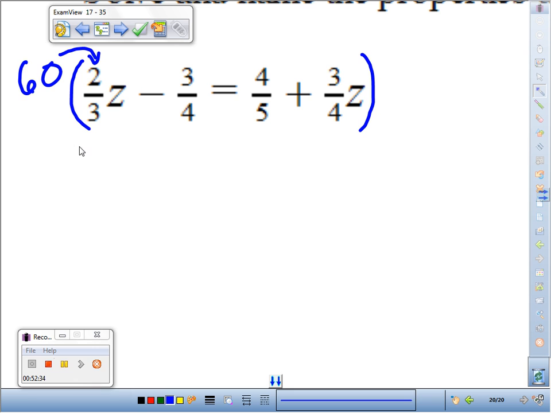So, what is 60 times 2? That's 120 over 3.